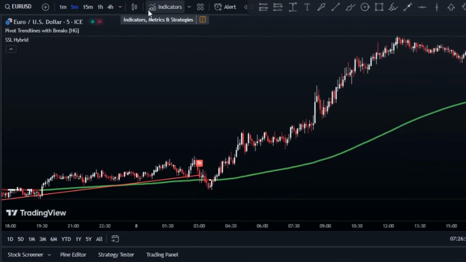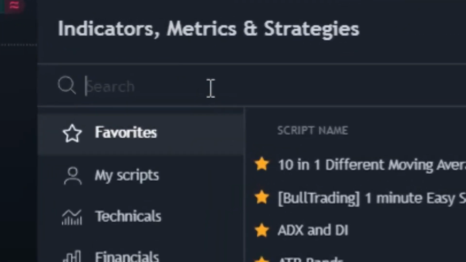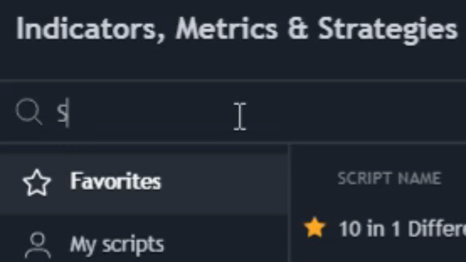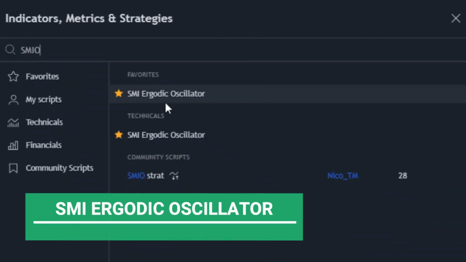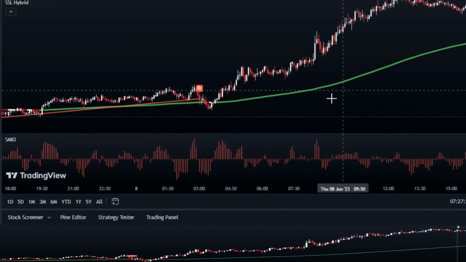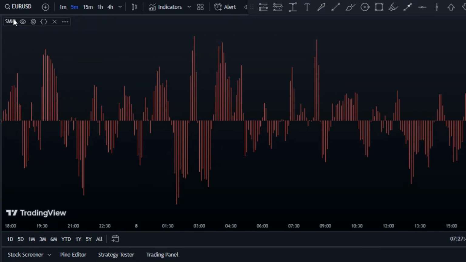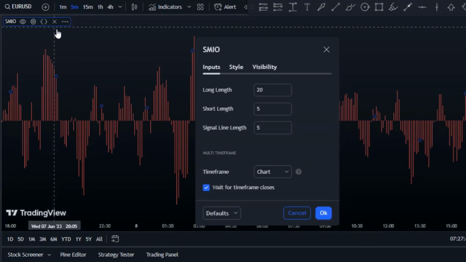For the next step, we'll need to use the SMIO indicator to remove fake signals as much as possible. So in the settings for this oscillator, change long length to 45.